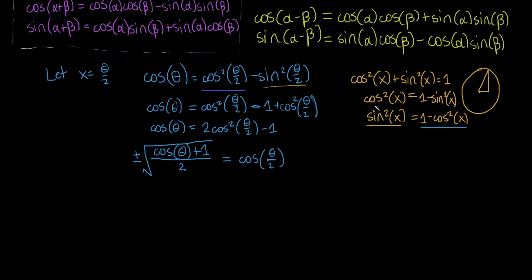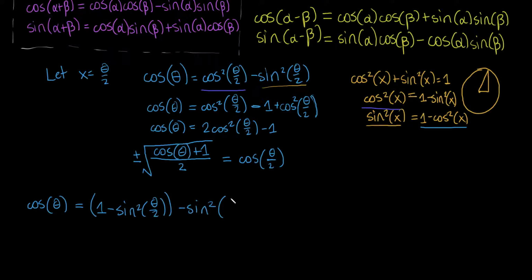Okay, so cosine squared of theta over 2 is going to get us 1 minus sine squared. Let's come over here, down into this corner, and start working again. So the cosine of theta is going to equal, well, now we're replacing the cosine squared, so 1 minus the sine squared of theta over 2, minus the sine squared of theta over 2.